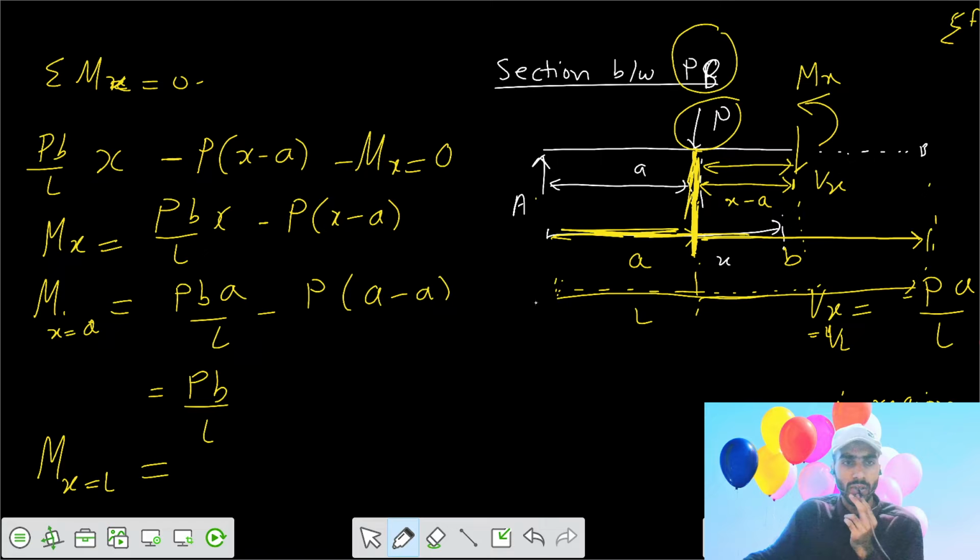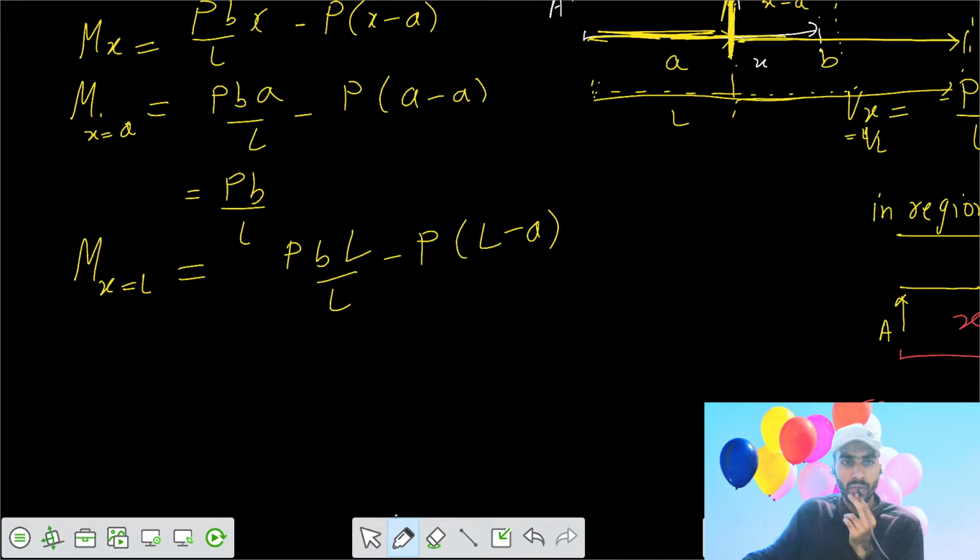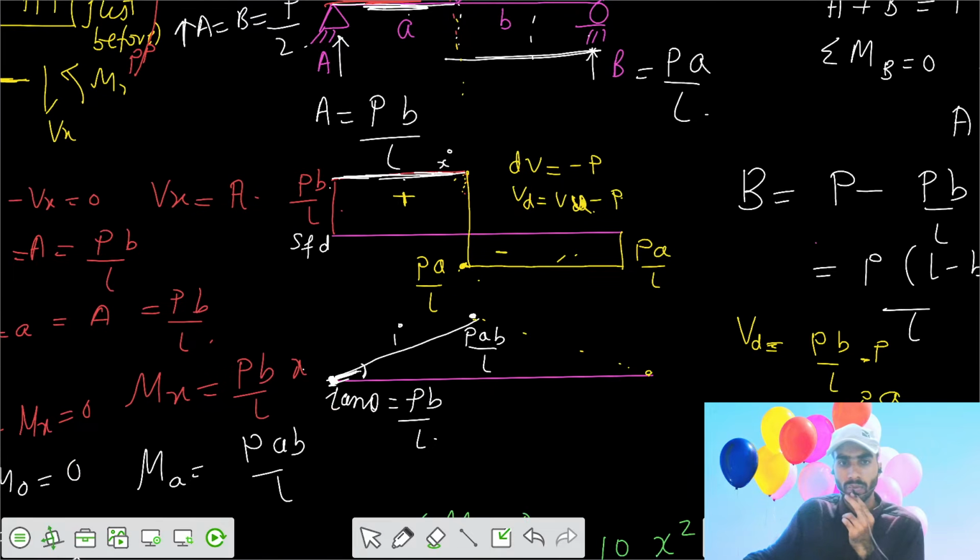That equals Pb L by L minus P times L minus a, which is Pb minus P times L minus a. This L minus a is also b, so that's your zero moment. So your variation is Pab by L and 0. Here the value is also Pab by L.